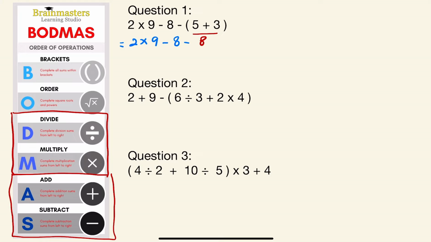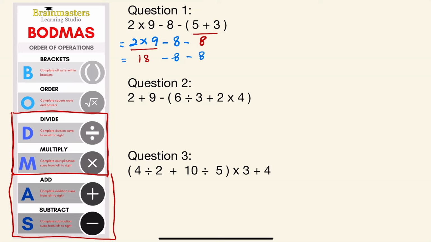Next we go on to divide and multiply. If the question has both divide and multiply, it is first come first serve, whichever comes from the left to the right, we do first. Now there's only one, which is multiplication. 2 times 9 gives you 18. The rest I didn't touch, I just copy them down, which means minus 8, minus 8.